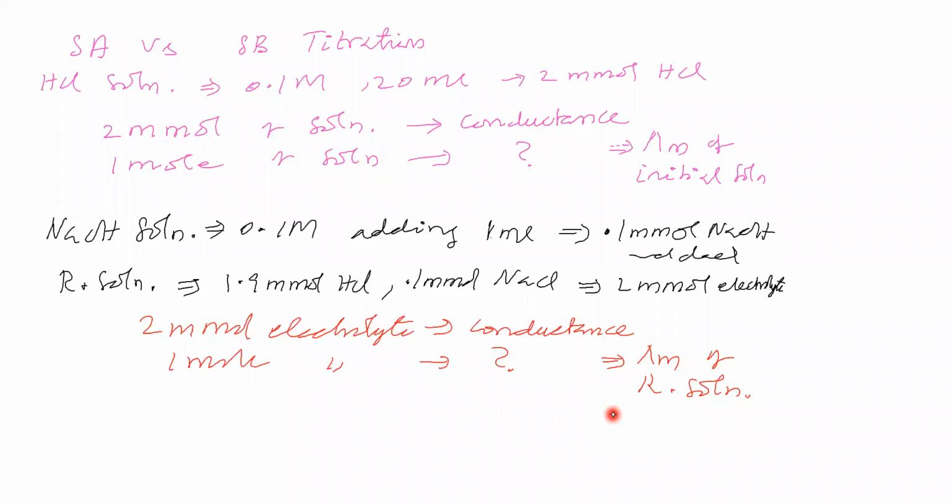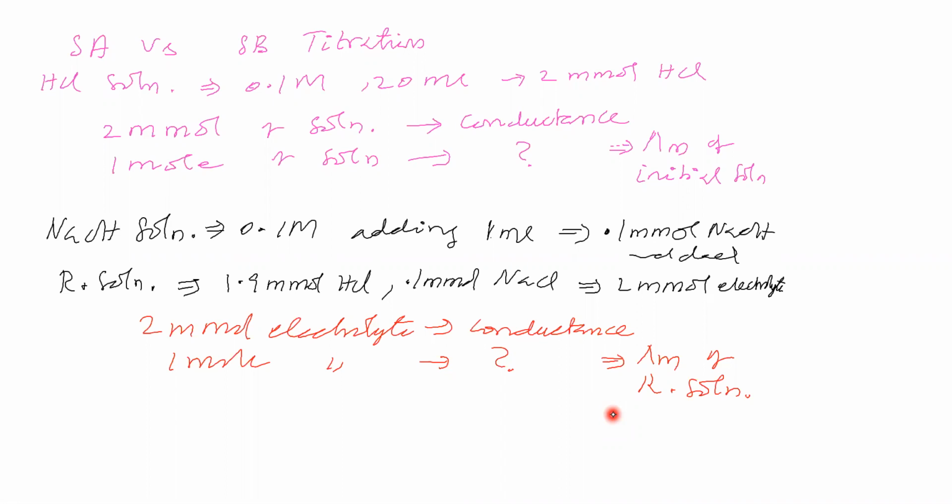Lambda m decreases, one student says. What about others? Do you all say that lambda m decreases due to addition of sodium hydroxide? Do you all accept this point? Initially we are taking HCl solution in the vessel, and we go on adding sodium hydroxide solution.